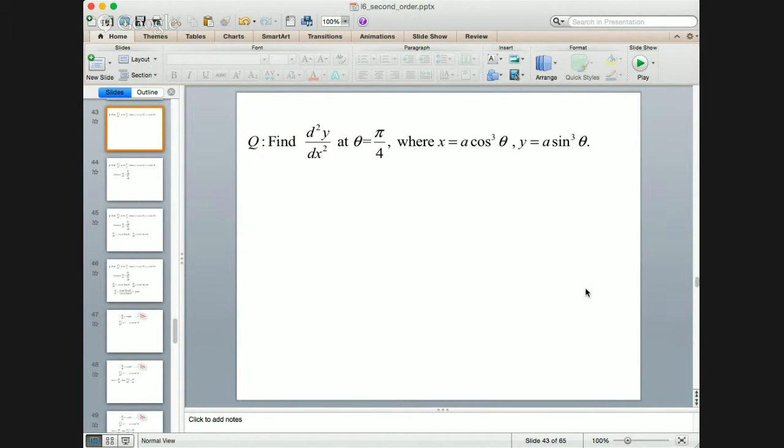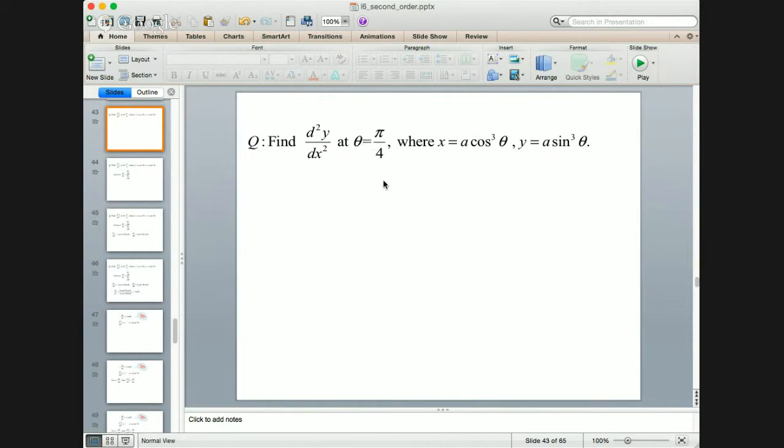So how do I find the second order derivative? And now in this case, at a particular value of theta, which is pi by 4, where the functions are parametric functions. So if x is a cos cube theta, y is a sin cube theta, you have to find the second order derivative of y with respect to x at theta equal to pi by 4.